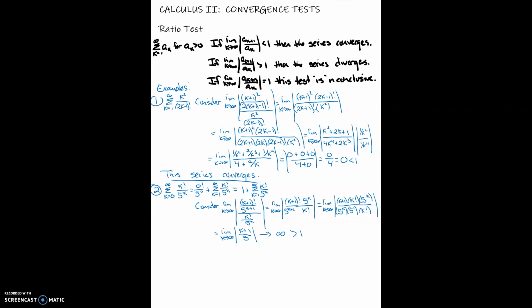Again, so what we've just determined is that this bit diverges, meaning we have 1 plus something that diverges, which means what we end up with is something that diverges.